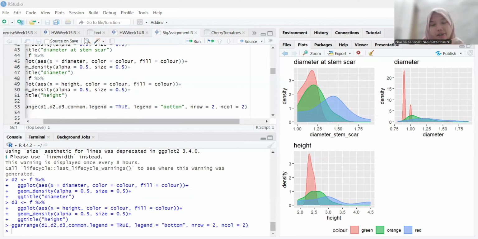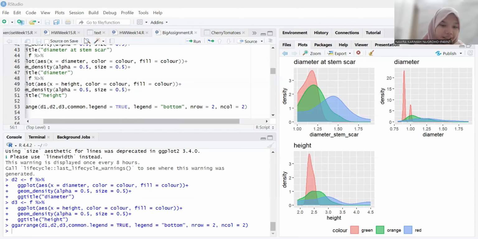For the density distribution of the tomatoes' diameter, it can be seen that the red tomatoes still have a normal distribution, and also the orange tomatoes have a normal distribution, while the green tomatoes have a slightly positively skewed distribution.